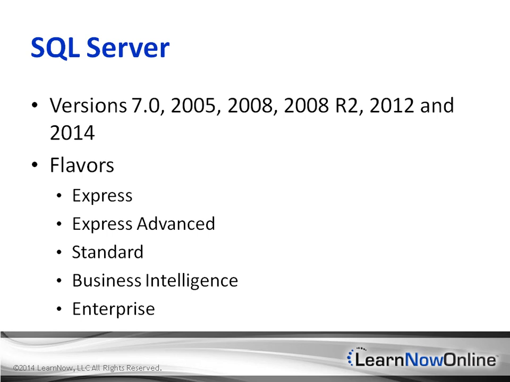Now, SQL Server also, on top of having a different version, can come in multiple flavors. Express, which usually supports up to 10 gigabytes or more. Express Advanced goes on top of Express, allowing you to have SSRS and a few other additional functionality that is not supported in Express. Standard is a much higher and stronger flavor of SQL Server, leading into business intelligence and enterprise.